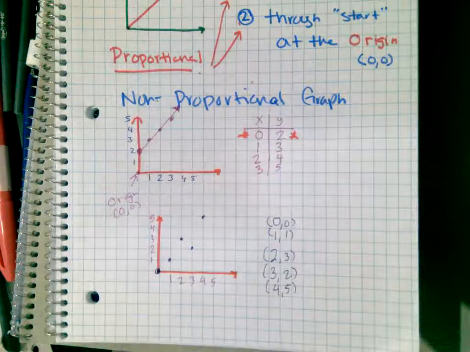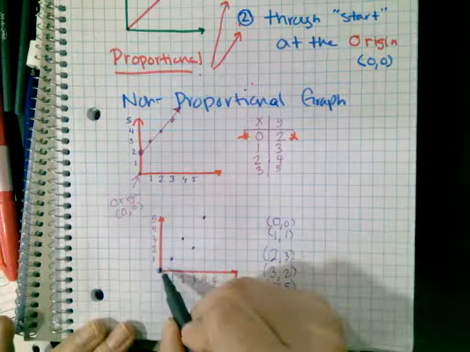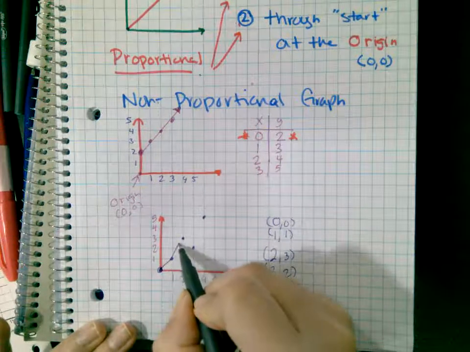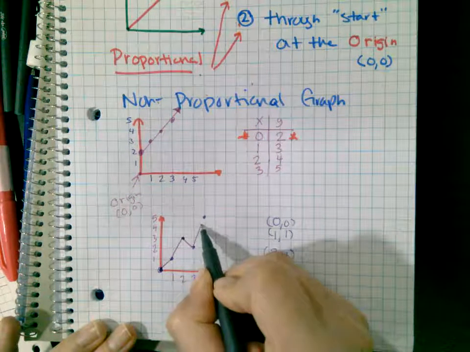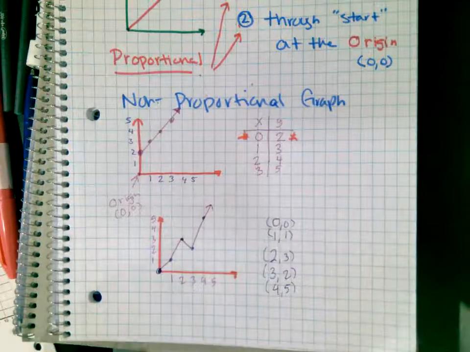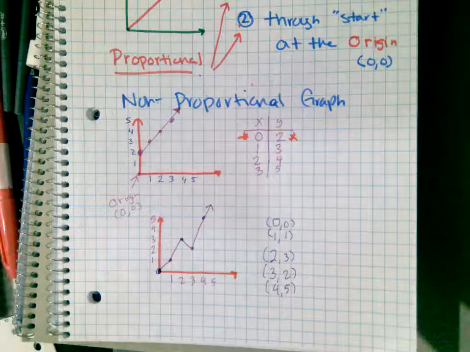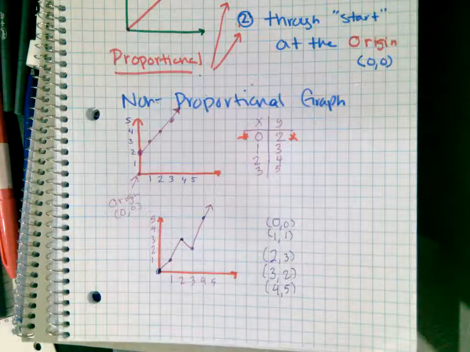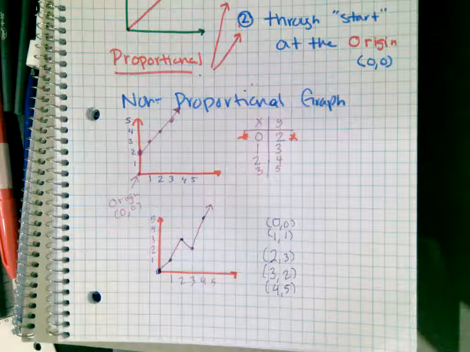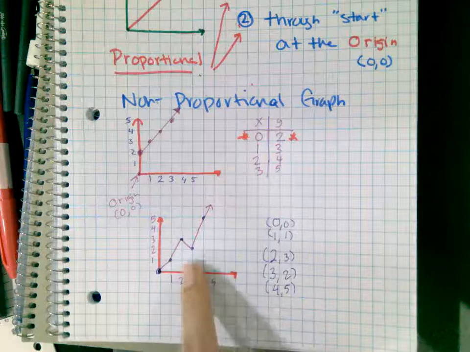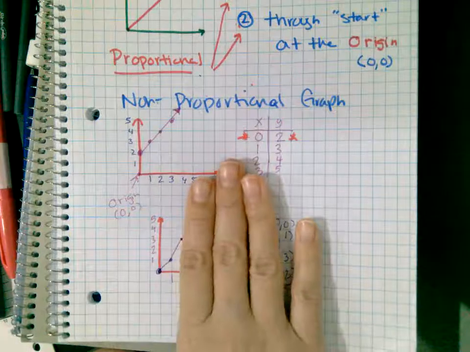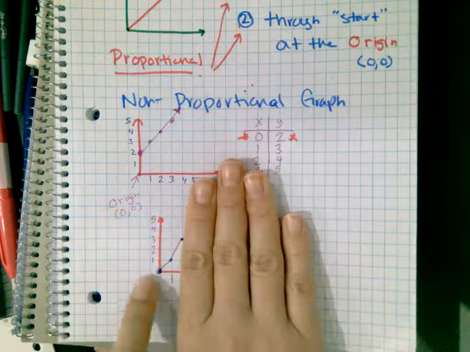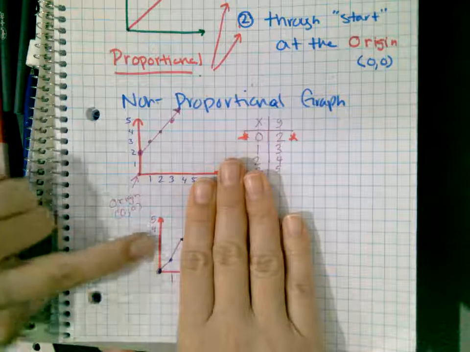And if I were to connect these, you can see right away that it's not a straight line, right? It's not a straight line. Like if you just look at it, it looks like a straight line, but this doesn't go up by 1.